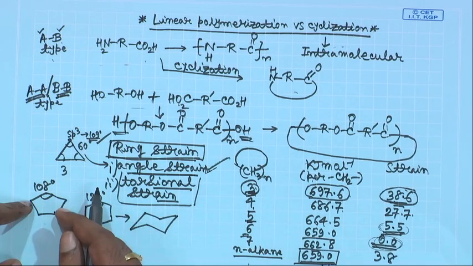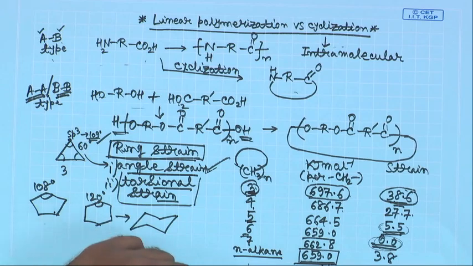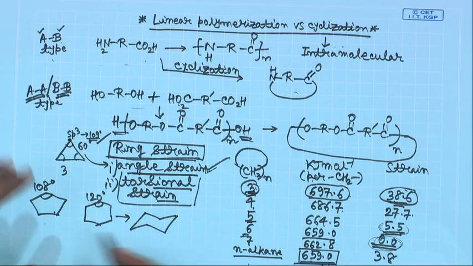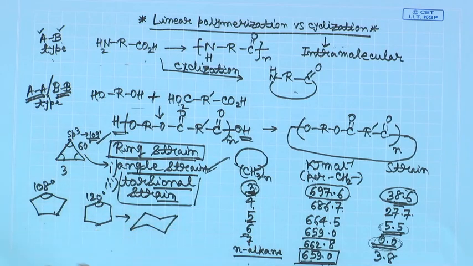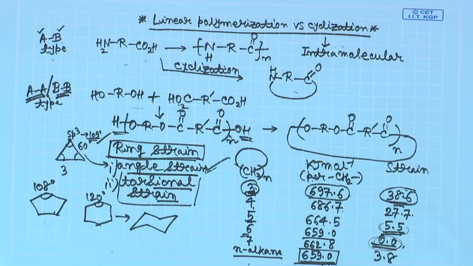If you are looking at a 5-membered ring or some other rings, those rings will have different conformations in which the hydrogens may come over each other. That eclipsing conformation will lead to higher strain energy. That is not exactly angle strain, that is called torsional strain. That kind of strain is absent in cyclohexane because of the chair conformation. It can assume other conformations also, but the chair conformation will have the lowest energy, highest stability. So, that explains some of these things.